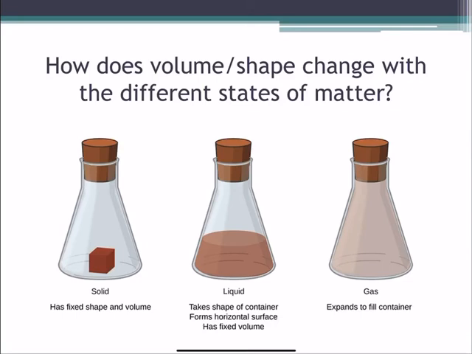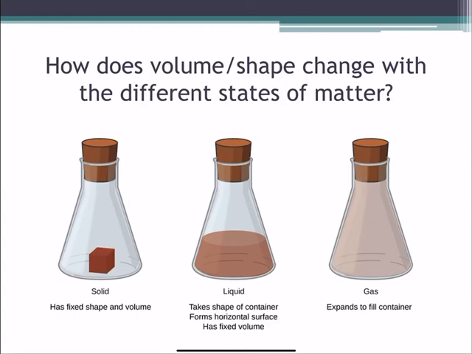Does it change at all? No, it doesn't, right? Its shape stays the same, and its volume stays the same. It occupies a certain amount of space, and that stays the same. And it's not going to change shapes unless it's an ice cube that decides to melt, right? And then it would be a liquid.